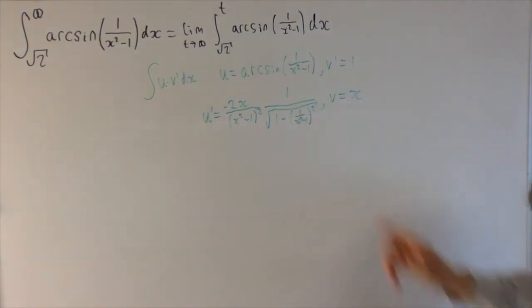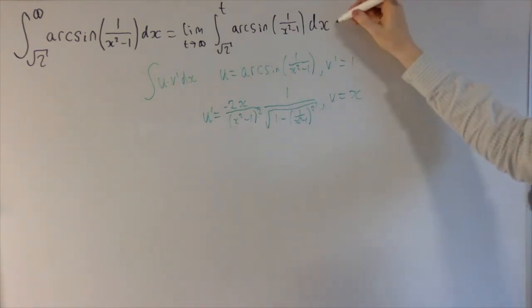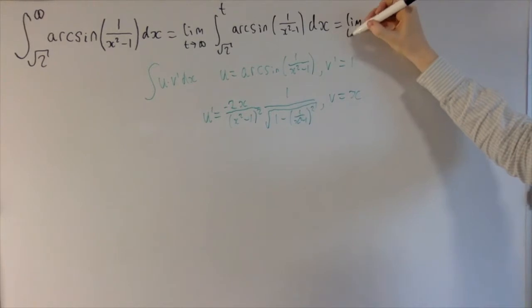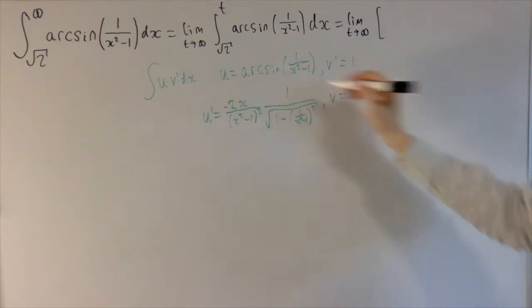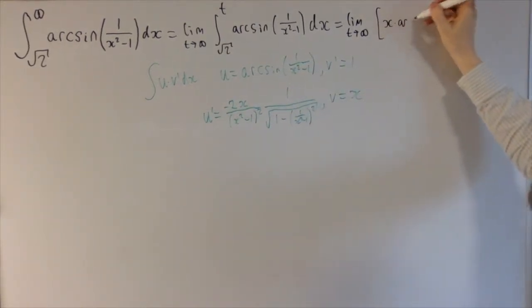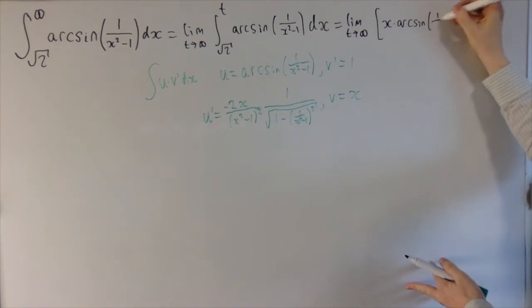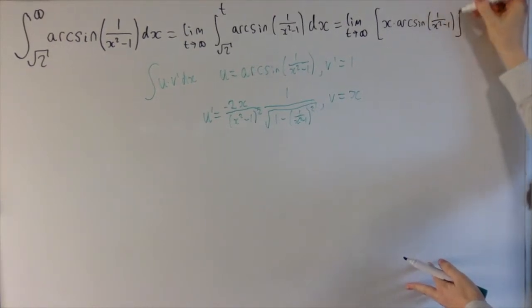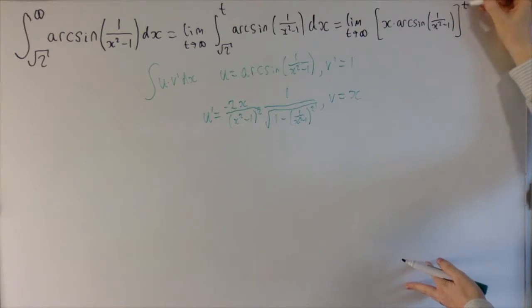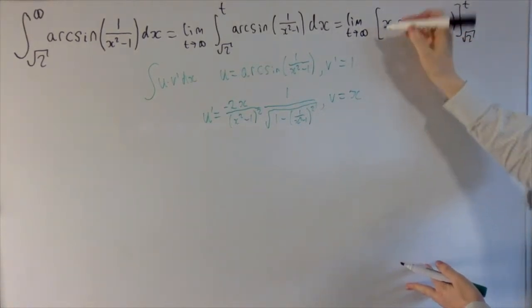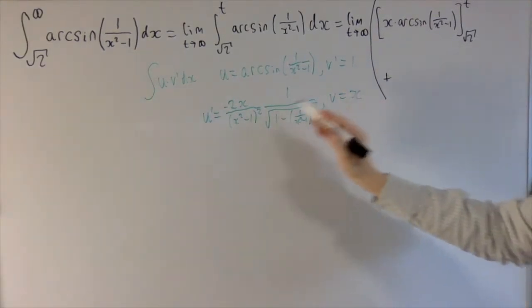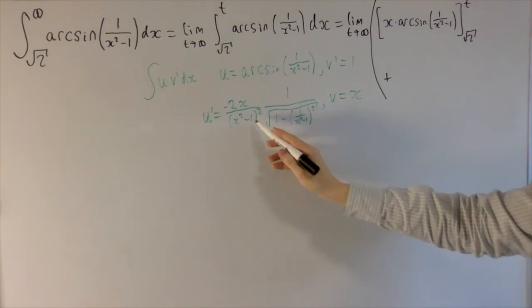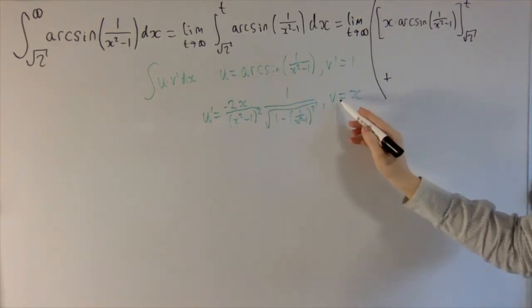Okay. So then what we can do is rewrite this integral with the limit using integration by parts. So again, let's keep the limit as t goes to infinity. Now we're going to have u times v, so x arcsine of 1 over x squared minus 1, evaluated from root 2 to t. So it's going to be the limit of this plus, well, now we're subtracting minus 2x over x squared minus 1 squared times this times x.